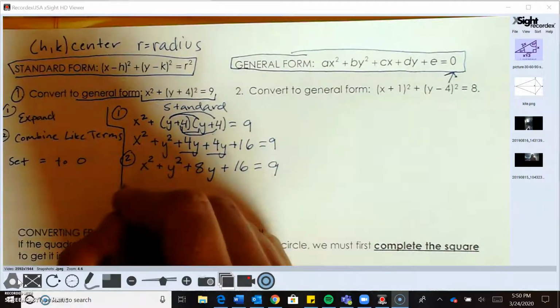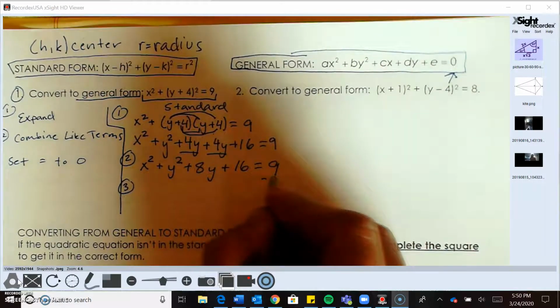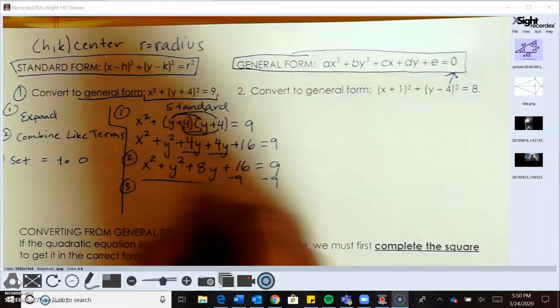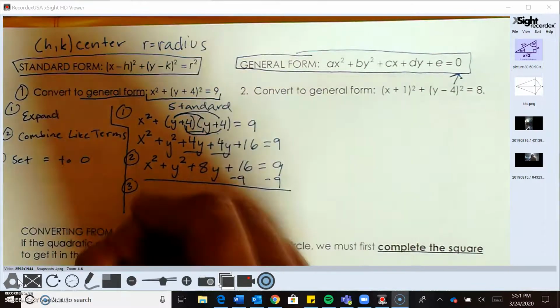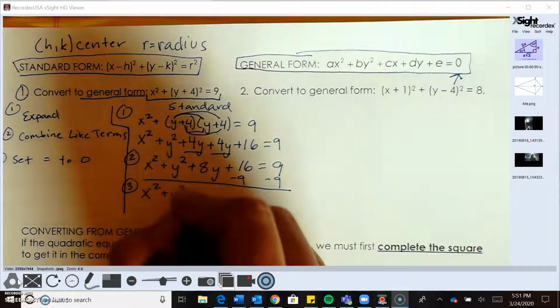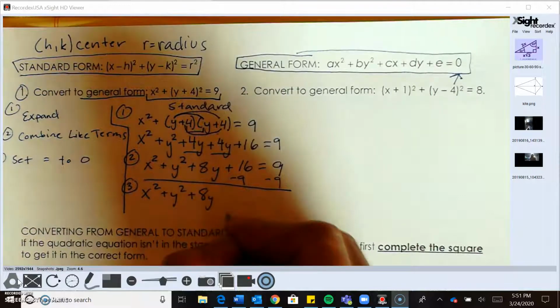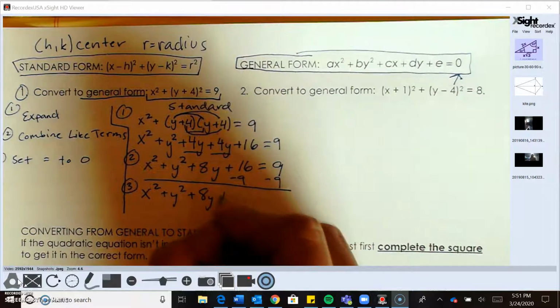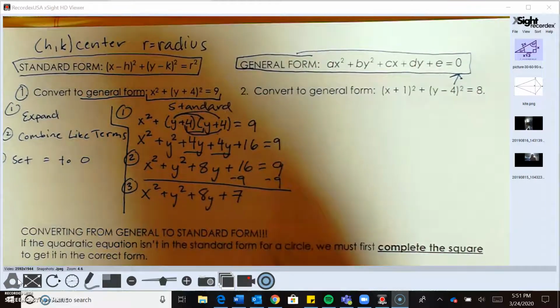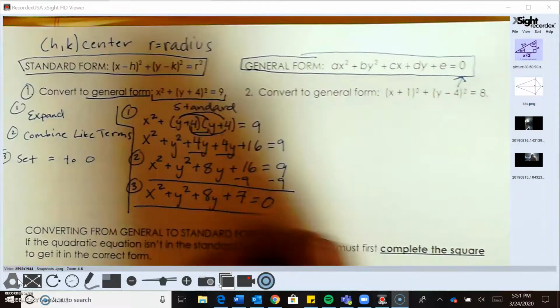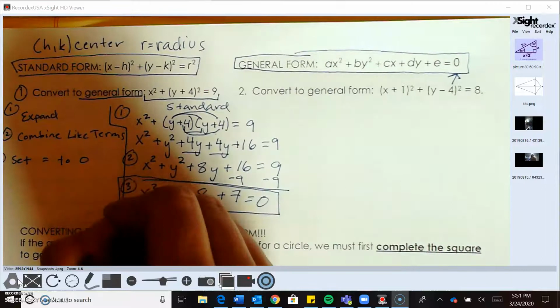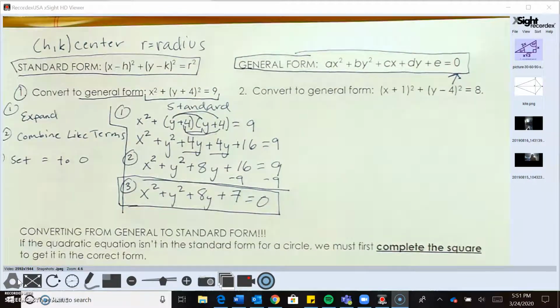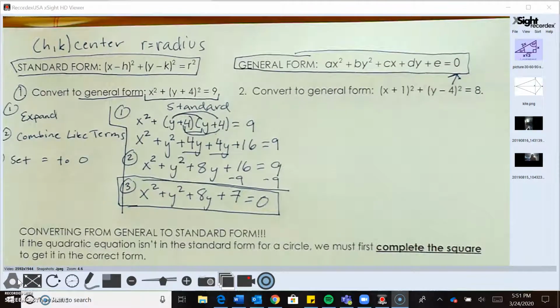And then step 3, we want to get it set equal to 0, so subtract 9. I'm left with x squared plus y squared plus 8y plus 7 equals 0. And I am done. Now I am in general form. So I'm expanding everything out.